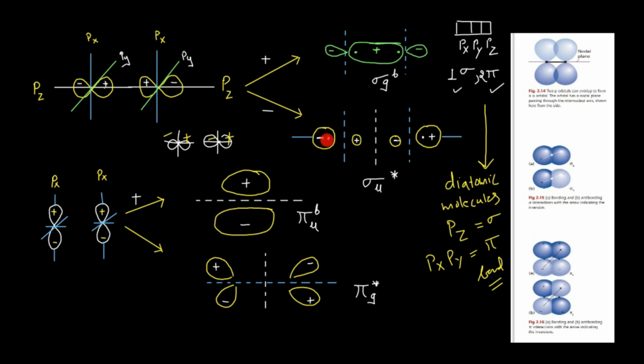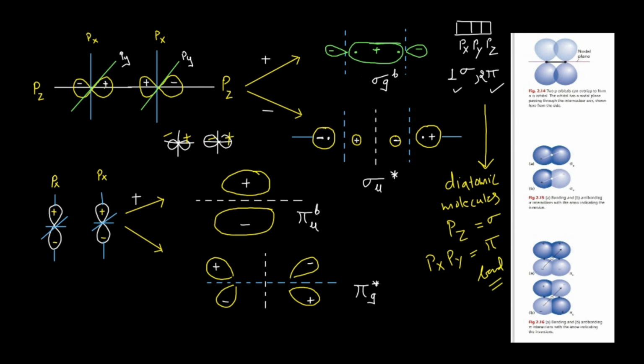So this is how I have subtracted. This is the original node which was present in the pz. This is the original node which was present in the other pz. This is the new node which we form by the destructive interference. That means opposite signs are matching with each other, right?